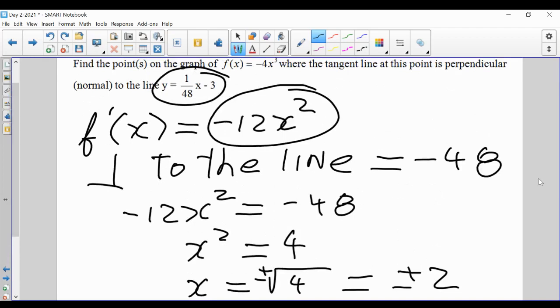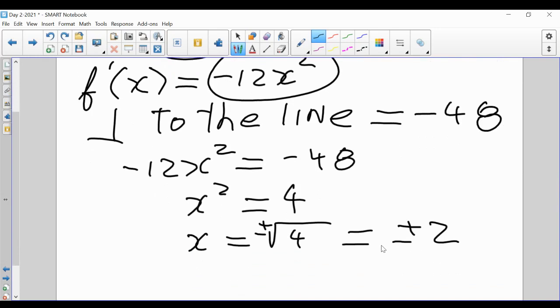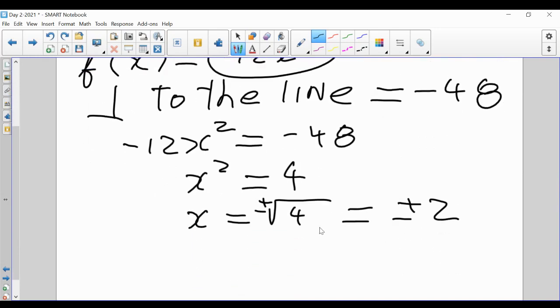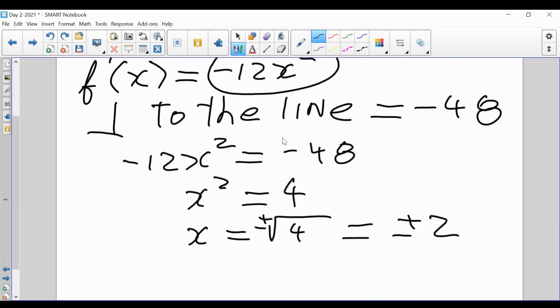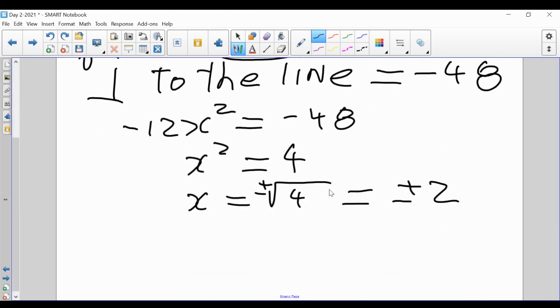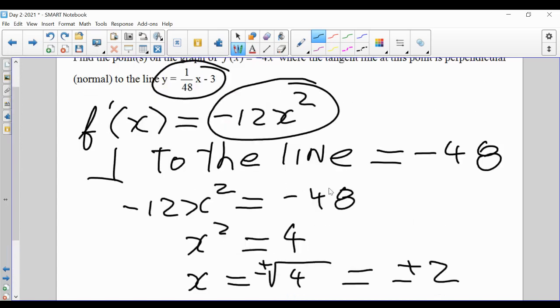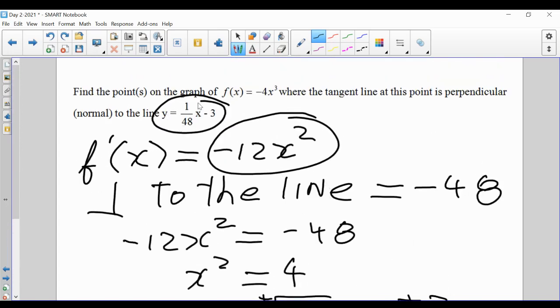So we now know that these are the 2 points at which this graph of minus 4x cubed is going to have a slope which is the reciprocal, the normal to the 1 over 48 line, okay?